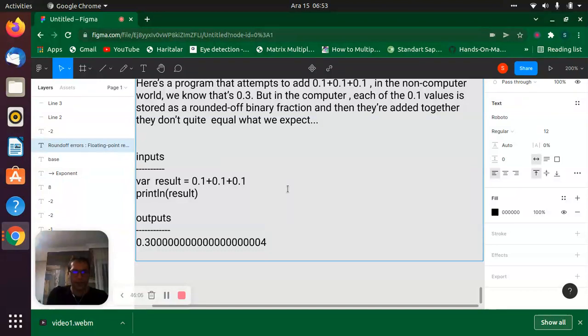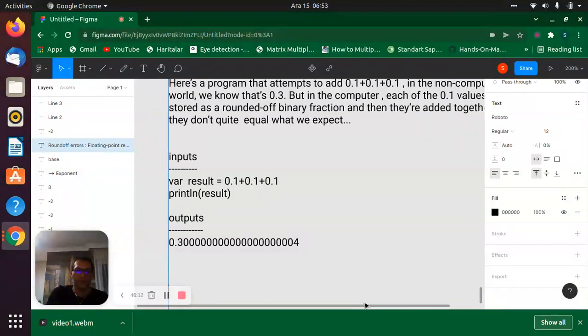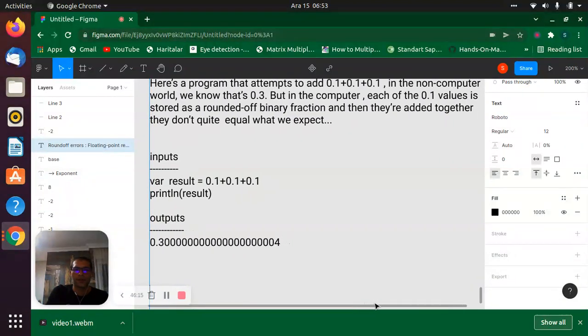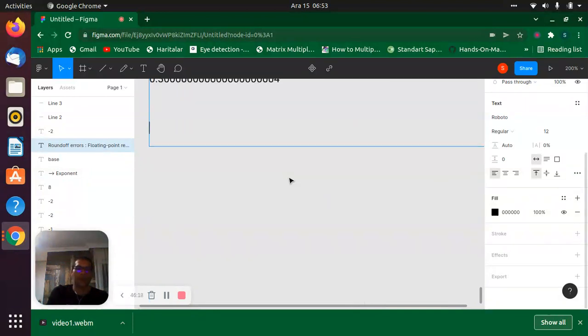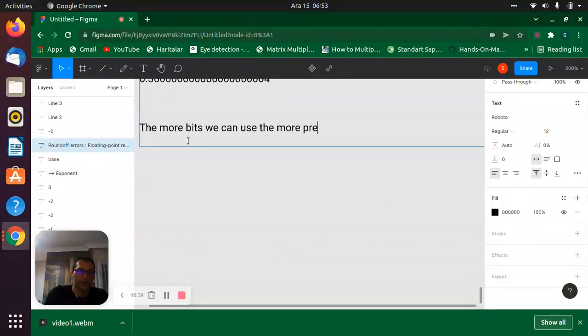The more bits we can use, the more precise our numbers.